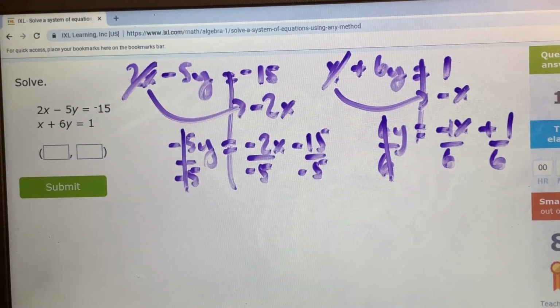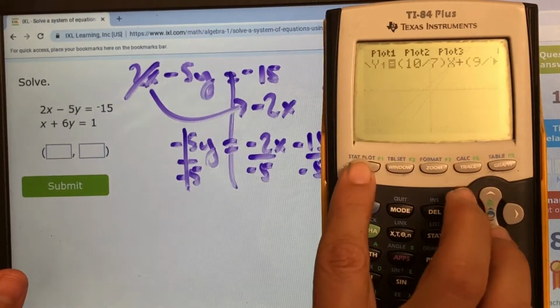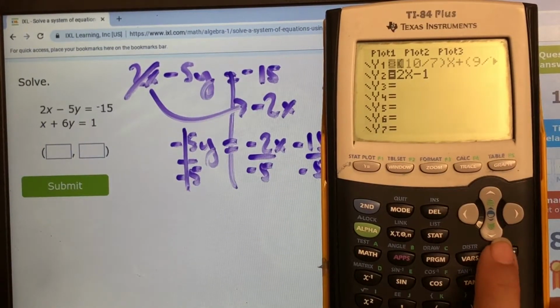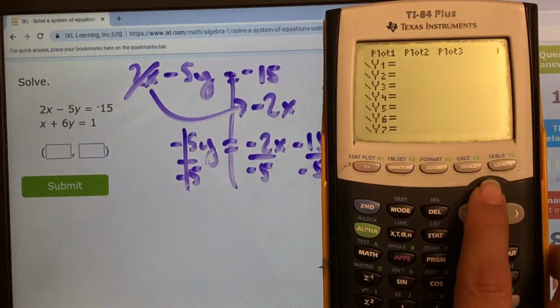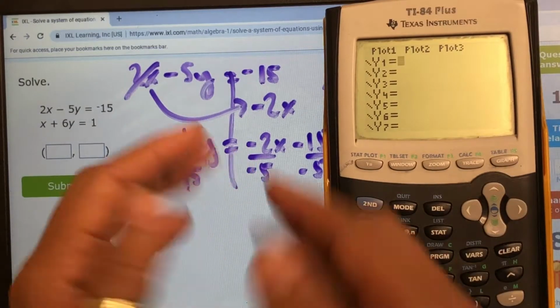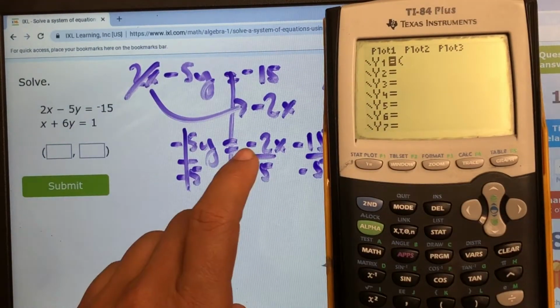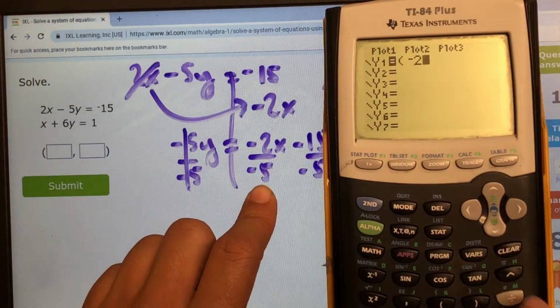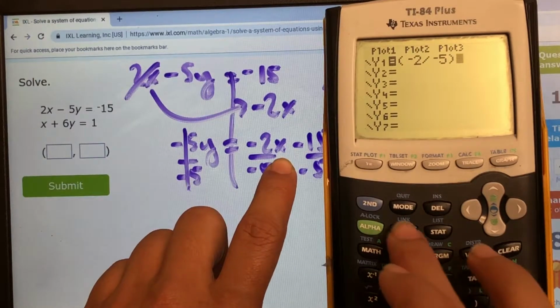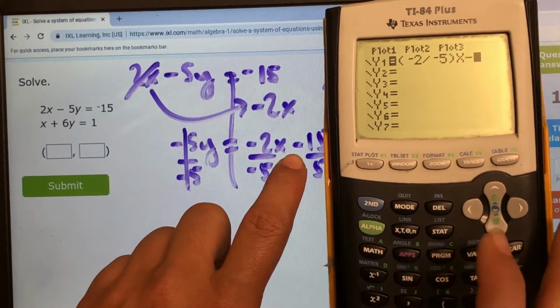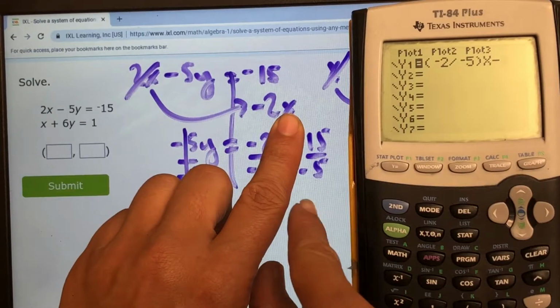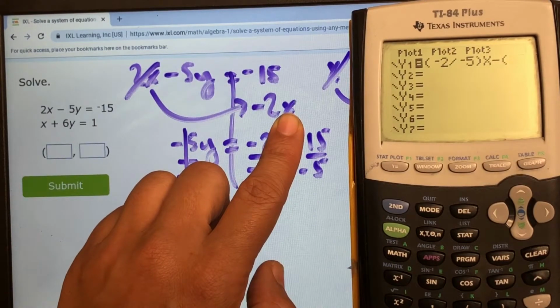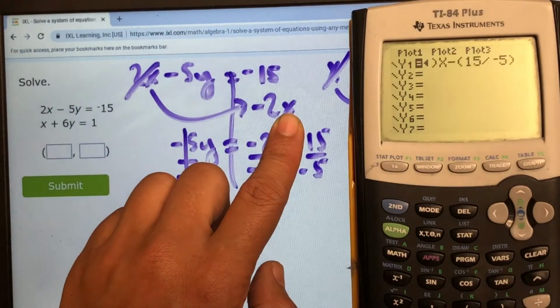All right, so I'm going to go y equals. If there's anything there, clear, down arrow, clear. So y equals, I have a fraction, so I'm going to put a parentheses, negative 2, make sure you use the small negative at the bottom right, divided by negative 5, close the parenthesis, then the x, minus, and then I have another fraction, which is 15 over negative 5, so parentheses, 15 divided by negative 5, close your parentheses, press enter.